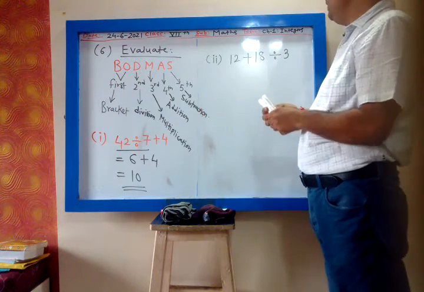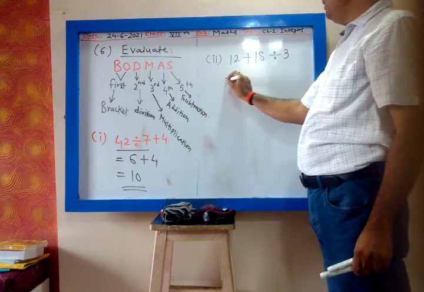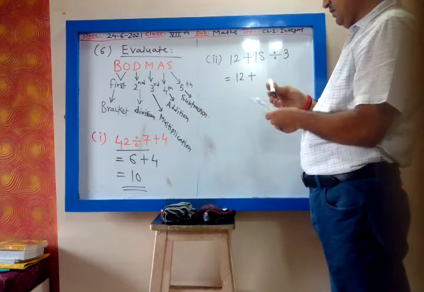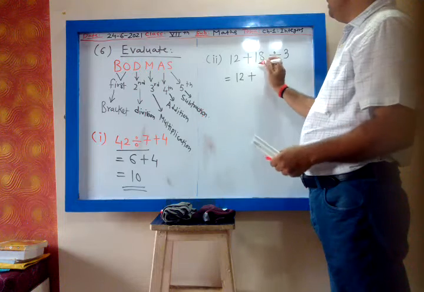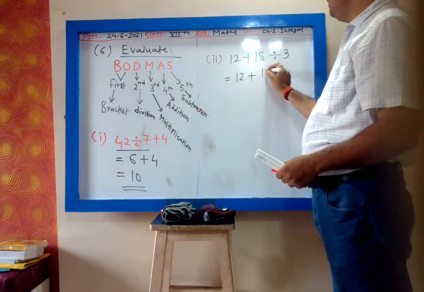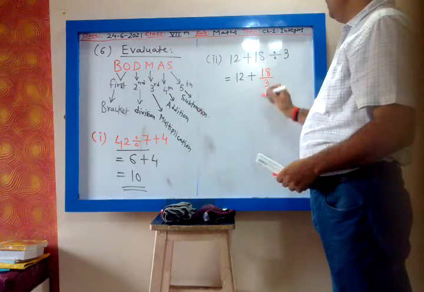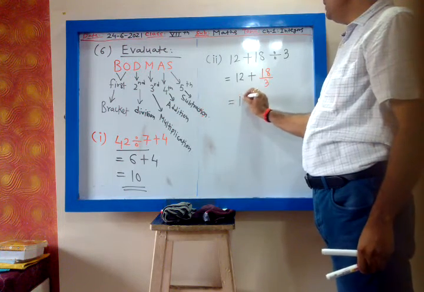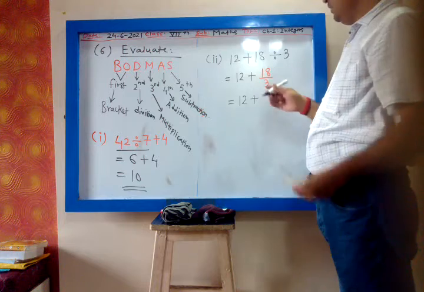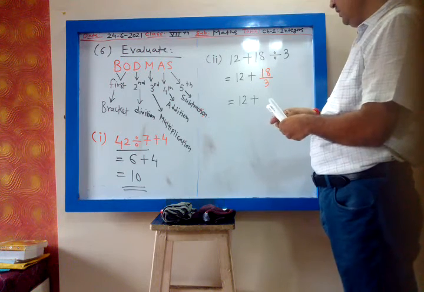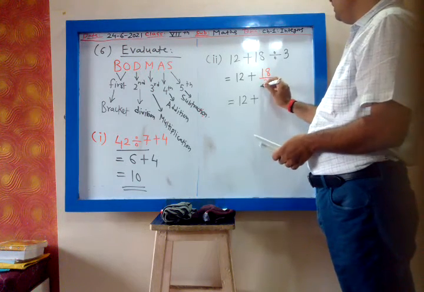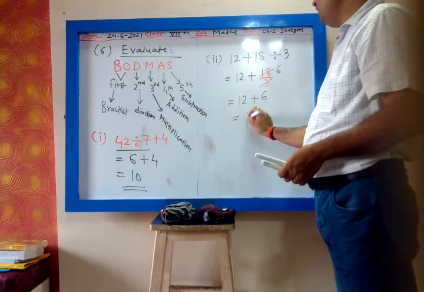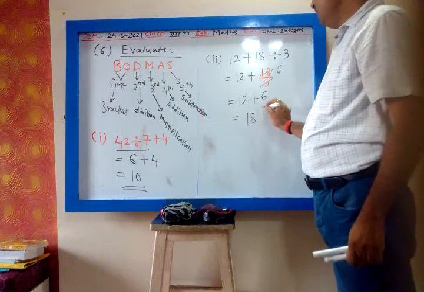What is 18 divided by 3? This I can write as 18 upon 3. So that will be 12 plus, first we perform division. You can cancel 18 with 3. 3 ones are 3, 3 sixes are 18. So that is 12 plus 6. And the answer is 18.